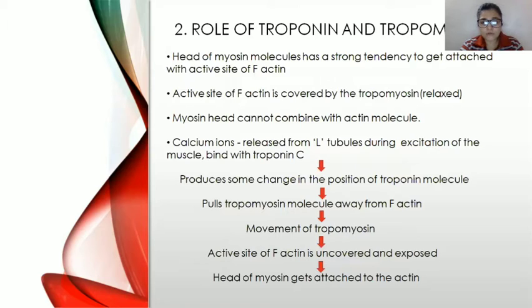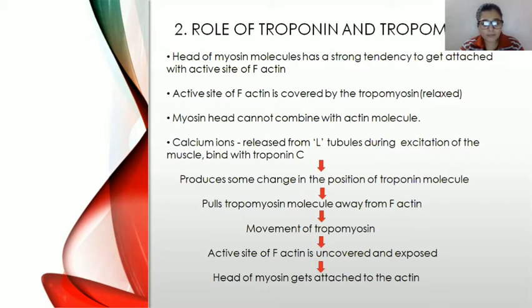Now we're going to see the role of troponin and tropomyosin in this process. The head of the myosin molecule has a tendency to connect with the active site of F-actin, which is present on the actin filament. This active site is usually covered by a tropomyosin molecule during the relaxed state of a muscle, so the myosin molecule can't connect to the F-actin.